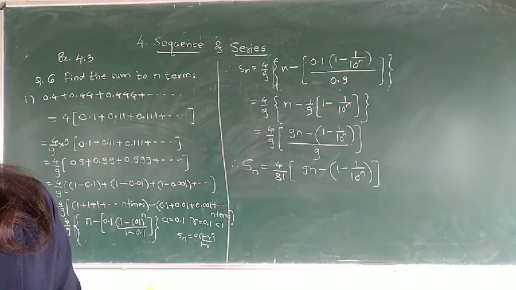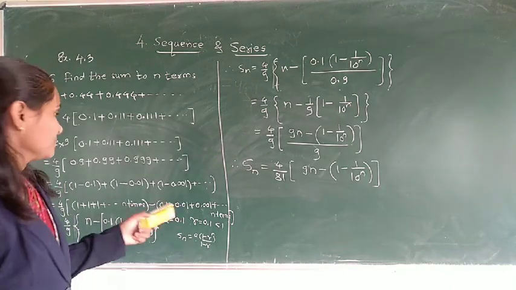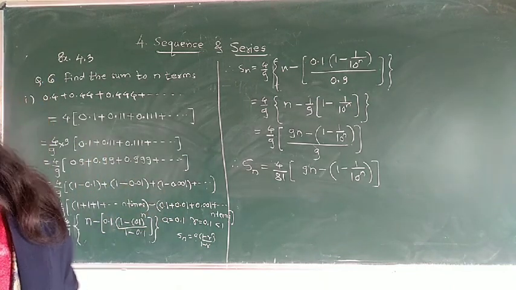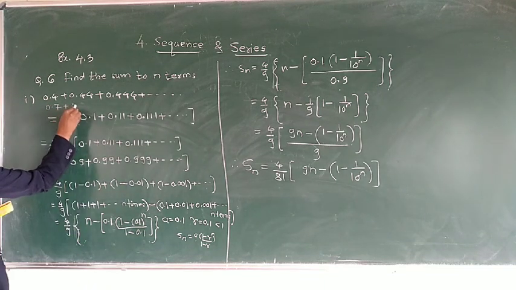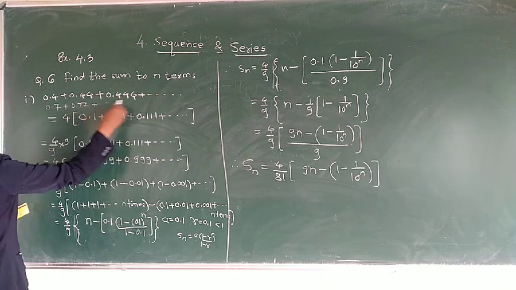We should try to solve our next question, where the sequence is 0.7, 0.77 plus and so on.